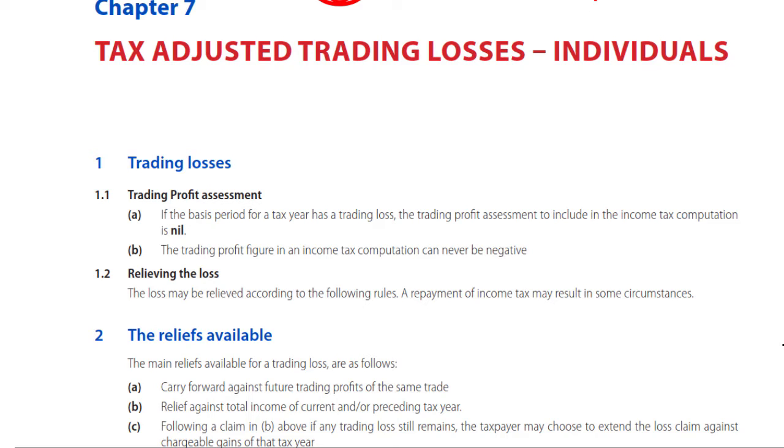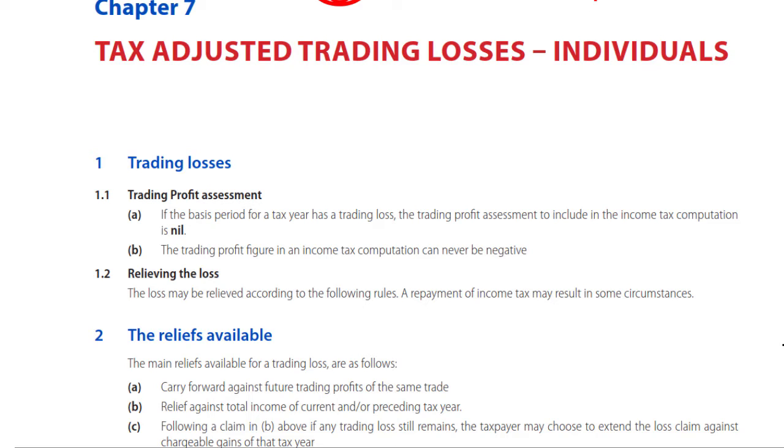If I can use my loss sooner, if I could carry it back for use against the income of an earlier tax year, then I've already paid my tax for the earlier year. The use of the loss means I now reduce that income for the previous year, or years as the case may be. In reducing the income, I reduce the tax charge, a tax charge I've already paid, so the impact of that is to give me a repayment.